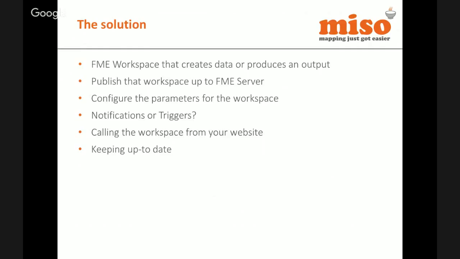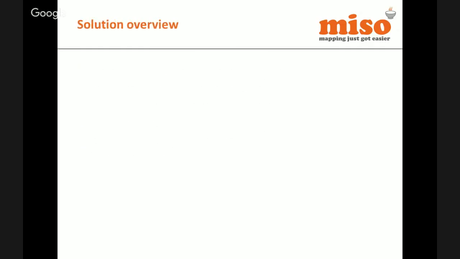Then we need to decide, are we going to give people access directly to FME Server so that they can run the workspace or download a file directly from the server, or do they want to go to your website and click your link that you set up? Okay? And then keep them up to date. If we're developing newer workspaces to do different things, make sure that the FME Server engines are up to date as well. Okay?